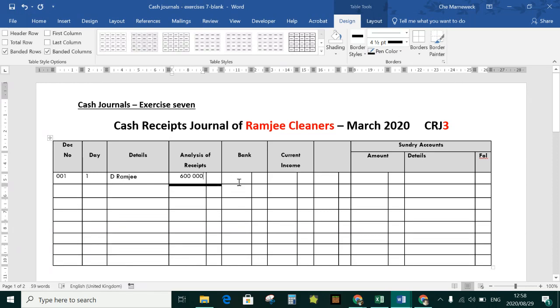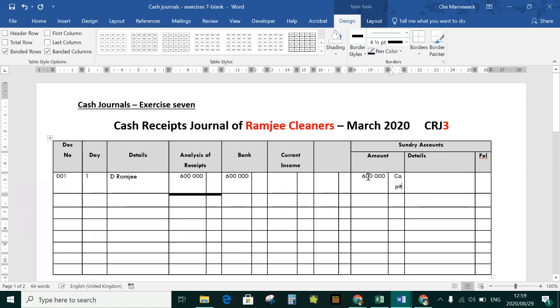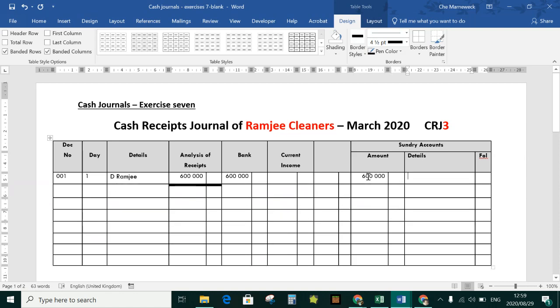At the end of the day, we add up all the money we received on that day, and we go once a day to the bank to deposit the money that we received. What is that money for? What do we call it when the owner invests money in the business? Capital. So capital is recorded under Sundry.